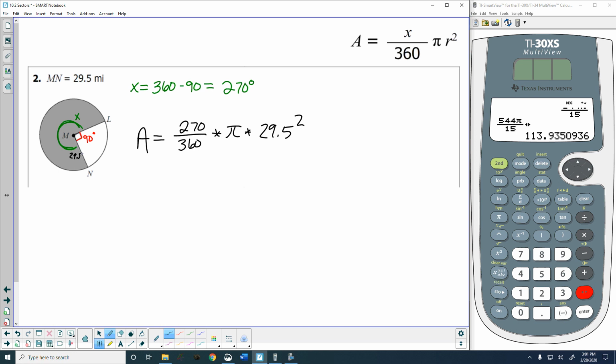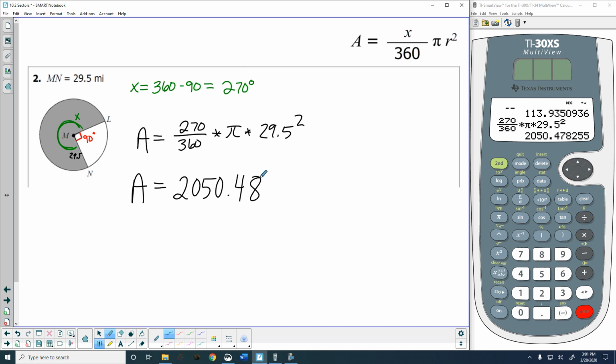Okay, in the calculator, we'll calculate that really quick. 270 over 360 times pi times 29.5 squared. And we get that the shaded area is 2050.48, and our units are miles, so that area would be square miles.